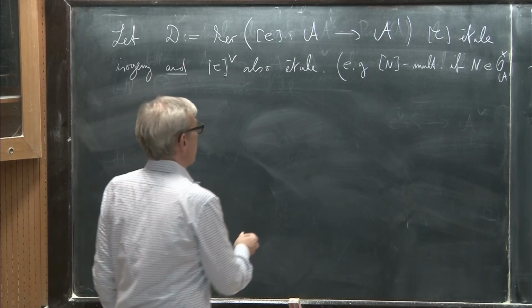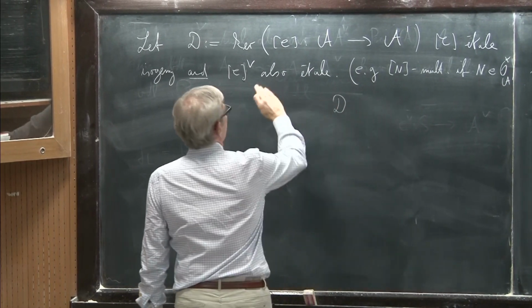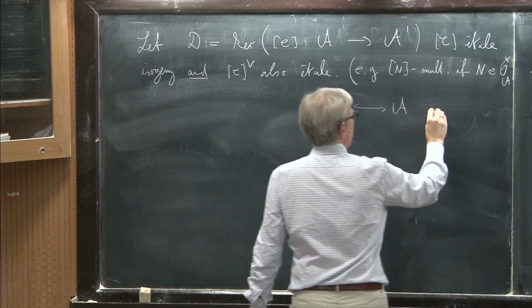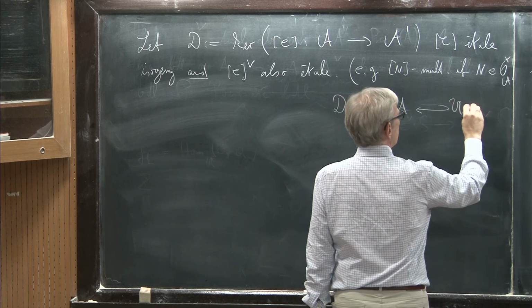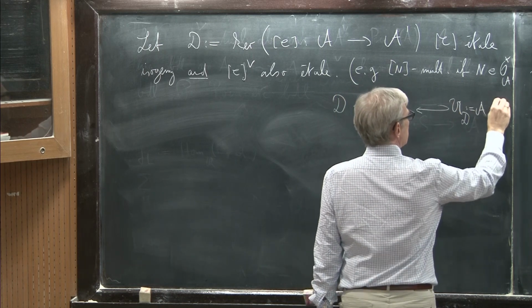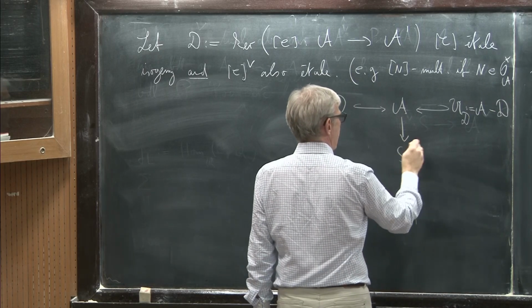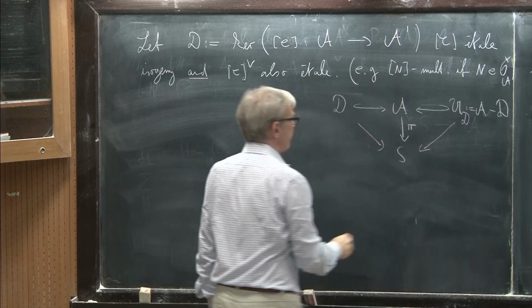Okay, so we have the following situation. We have this, which is then finite étale, and this sits in A, and we have also the complement here, which we call UD. This is the complement of this, and this sits over our S, and we have such a diagram.